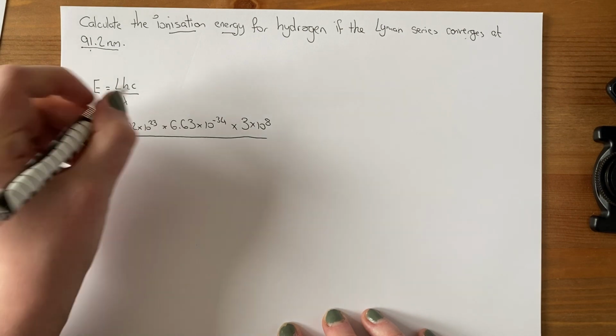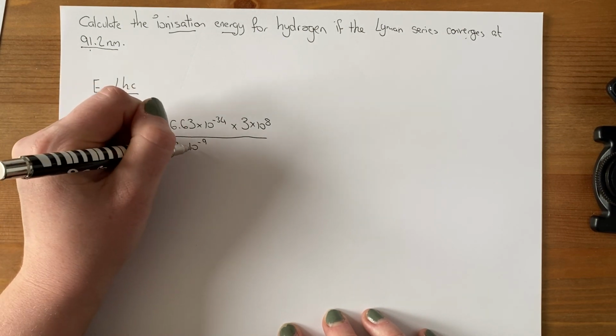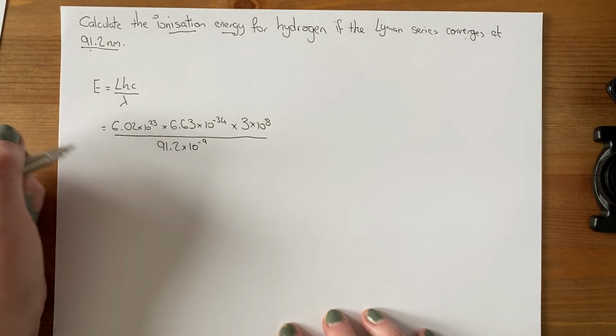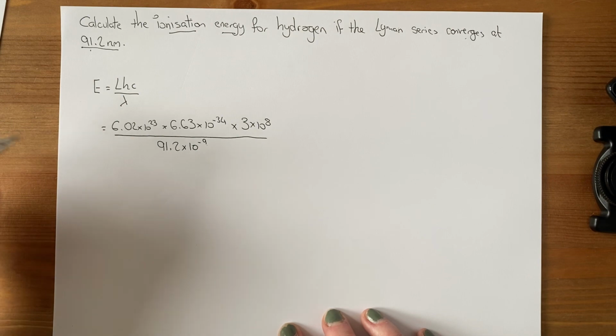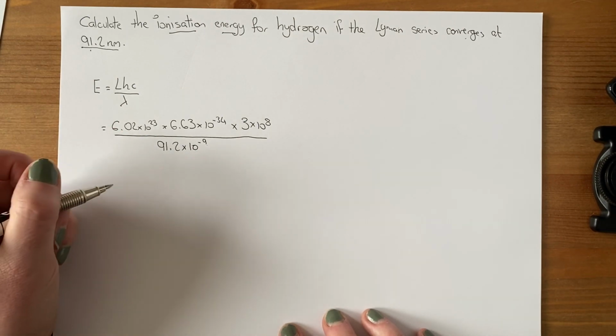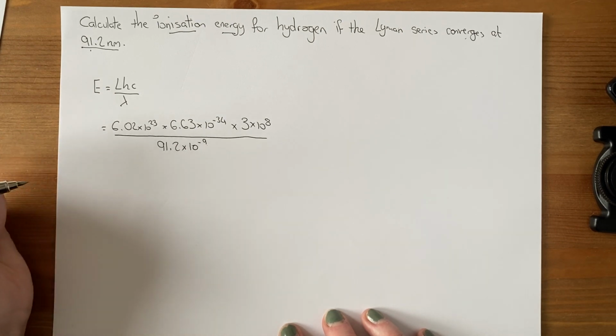All of that over 91.2 times 10 to the minus 9. I know that's kind of messy scientific notation I'm using, but I tend to do it this way. That just reminds me nanometers is times 10 to the minus 9. You can have that as long as it's correct scientific notation. There might be multiple ways that you do that, and that will give you your answer. Again, I'm not going to plug those numbers in for you just now. You can double check this though.